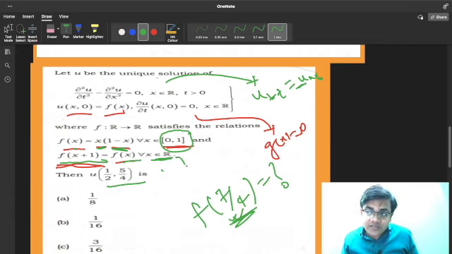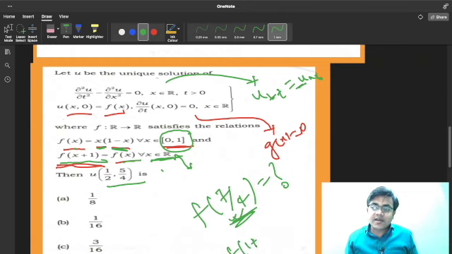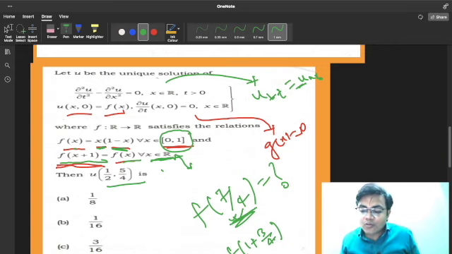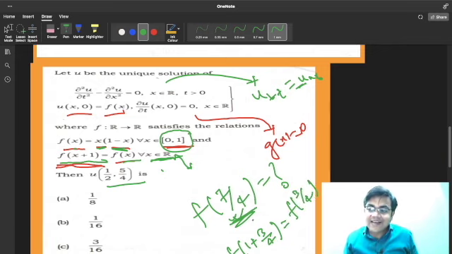So by using this we can say something interesting. For any x belongs to R, f of 1 plus x is equal to f of x. Now you can see the beauty. This 7 by 4 can be written as 1 plus 3 by 4.